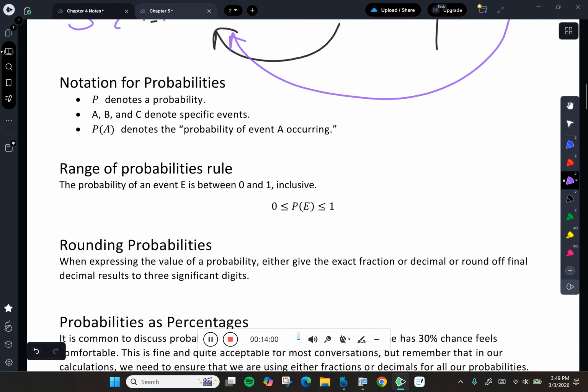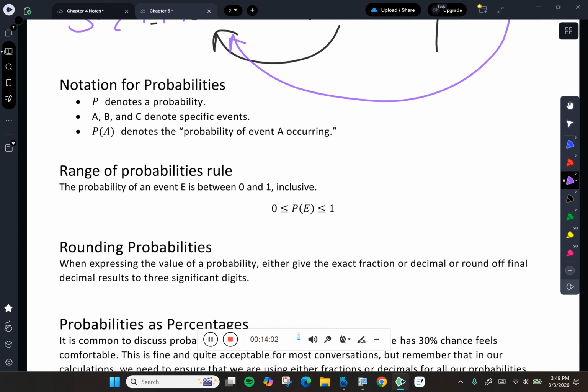Okay? Some notes about probability. I'm hoping you remember this. We use capital P's to denote probability. We tend to use letters from the start of the alphabet like A, B, and C to denote events. So when we write P(A), the reader would look at that and go, oh, the P means probability, so A is the event, so that is the probability of event A occurring.